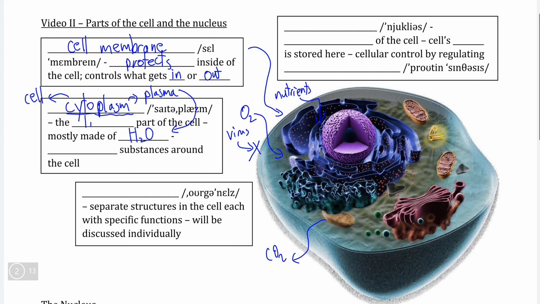Therefore, the cytoplasm is the liquid part of the cell that makes up most of its mass, and that's why we don't really see it, because it is the clear liquid substance that is everywhere, that all of the solid structures float around within.